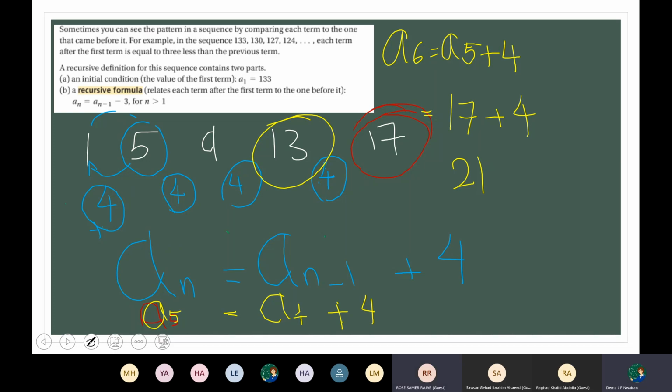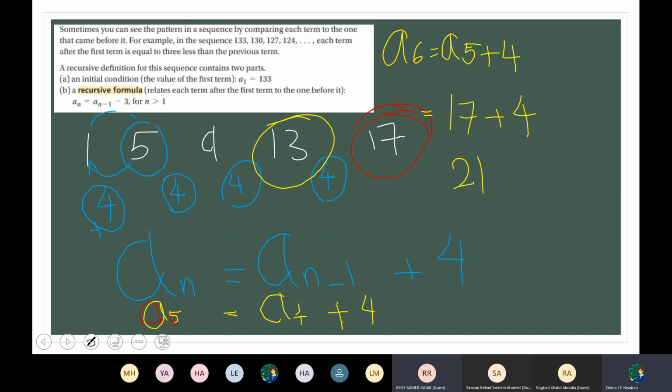Teacher, when they write A5, do they mean that 5 is the number of the term? Yes, the number of the term.